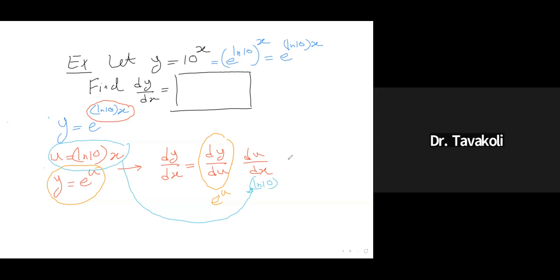It is e to the u times ln of 10. But what is e to the u? I should go back to the original variable. So I'm not done yet. e to the power of u is e to the power of ln of 10 times x, and times ln of 10.